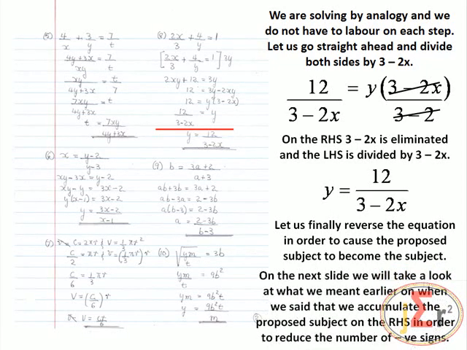On the next slide, we will take a look at what we meant earlier on when we said that we accumulate the proposed subject on the right hand side in order to reduce the number of negative signs.